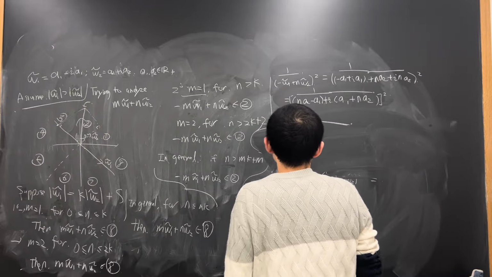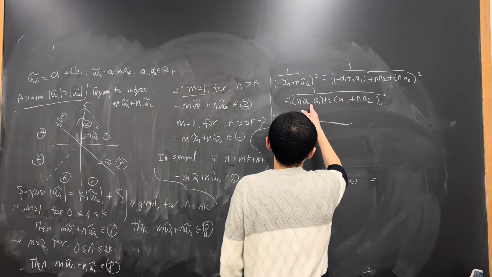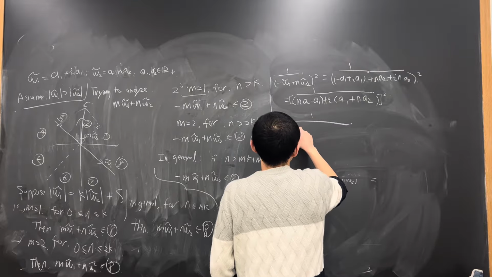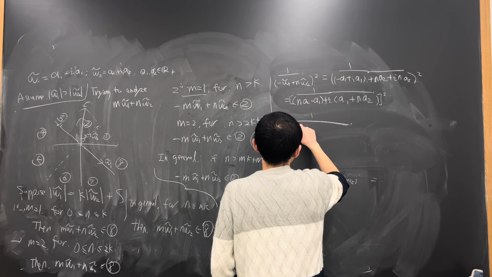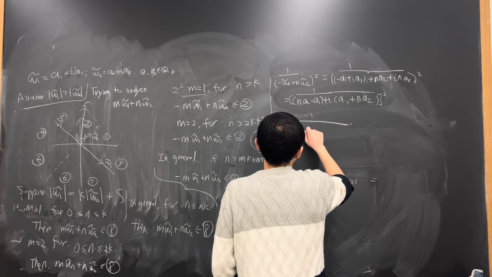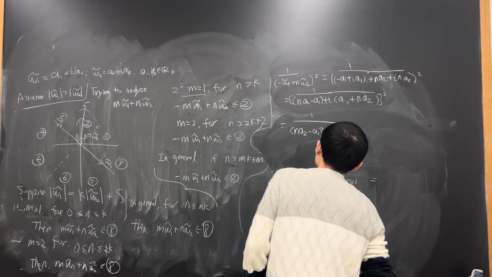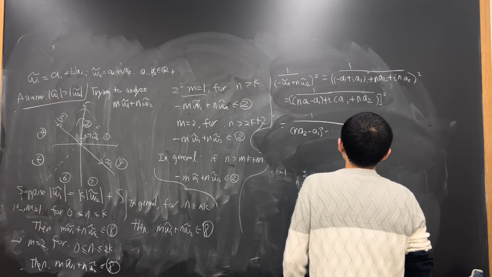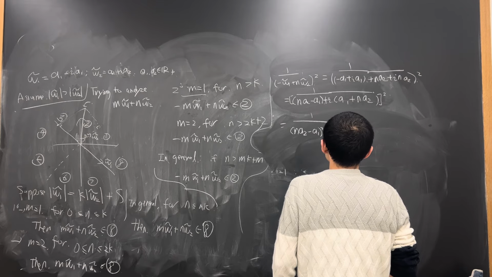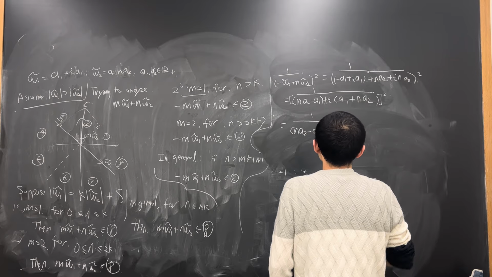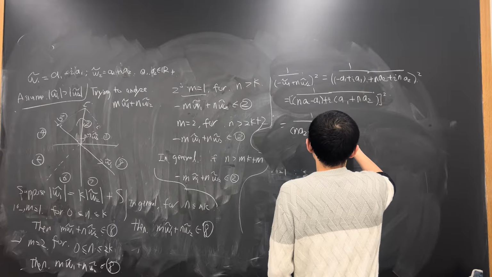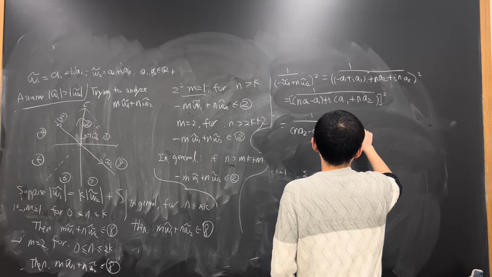Okay. So here we have this guy squared, right? Let me write down carefully here. NA2 minus A1 squared, and then minus this one squared, right?